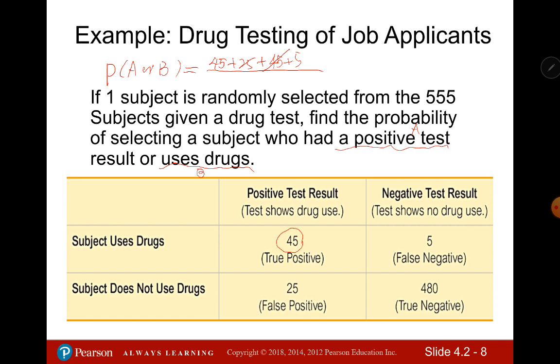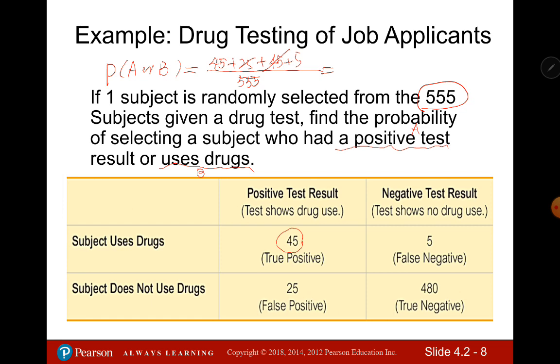So we delete one 45, just leave 75 plus 5, and divide by the total number of subjects. From here we know the total number is 555. So that's how we get the probability. Okay, so you can use the calculator to get the answer.